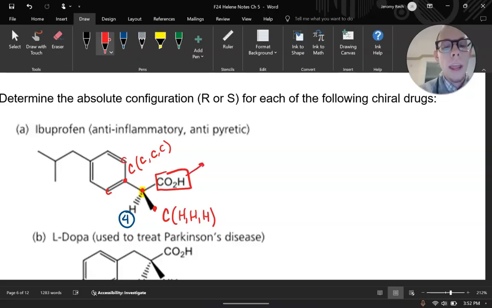The CO2H is an abbreviation. So if you have a squiggly line, you have a carbon, you bond to an oxygen, and then to another oxygen, then a hydrogen. This right here is a carboxylic acid. And if we think of the attachments of that carbon, that is a carbon, and it is connected to an oxygen, another oxygen because of the double bond, and then the last oxygen from the alcohol of your carboxylic acid.